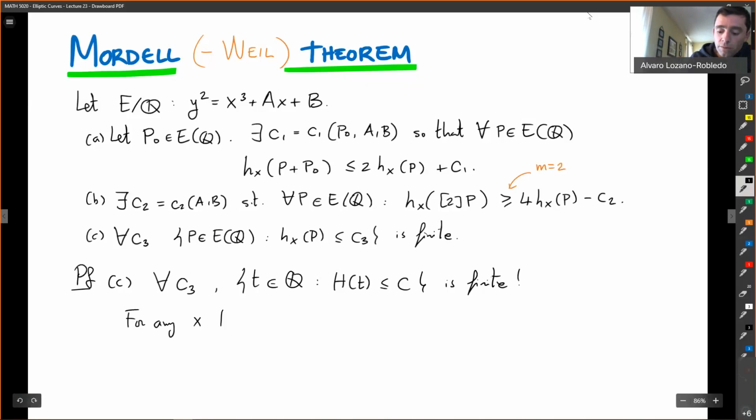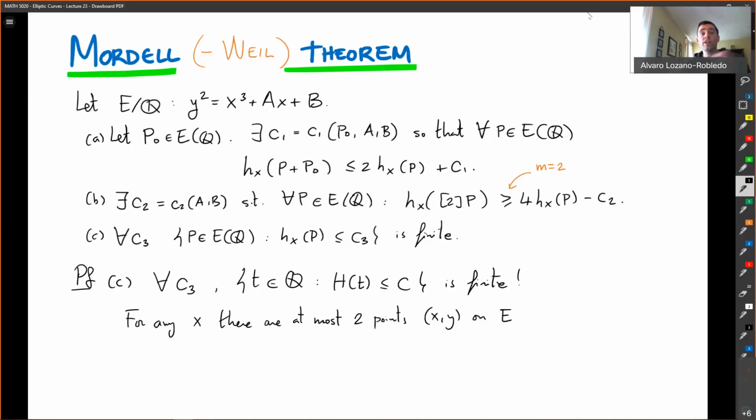But then for any x, there are at most 2 points x comma y on E, right? So if you give me a coordinate x, then even if that was the x coordinate of a point on the elliptic curve, there would be at most 2 of those.